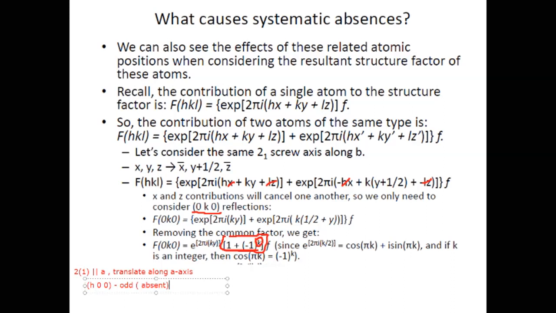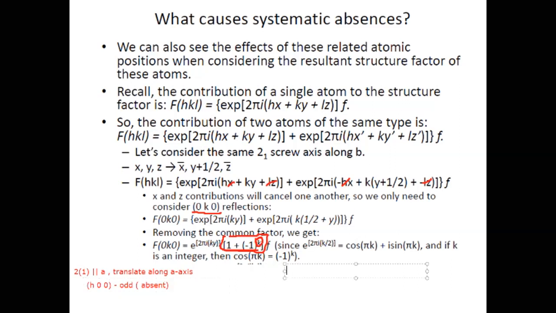When h is odd, it's -1, it cancels out. When h is even, it wouldn't cancel out. So for a 2-1 parallel to A, since you translate along the A axis, what you're looking at is the h00 odd reflections. Are they absent or not?